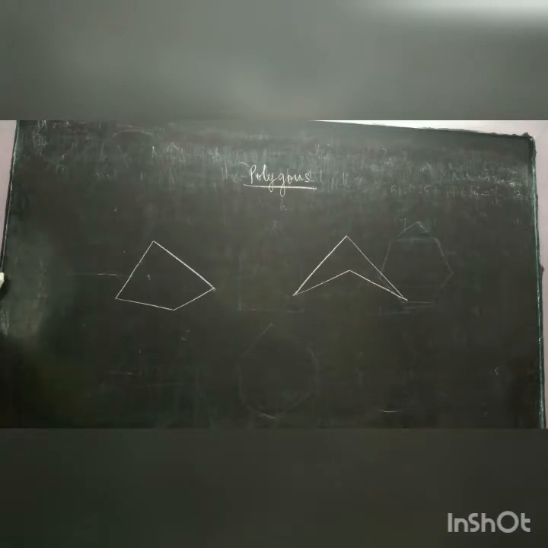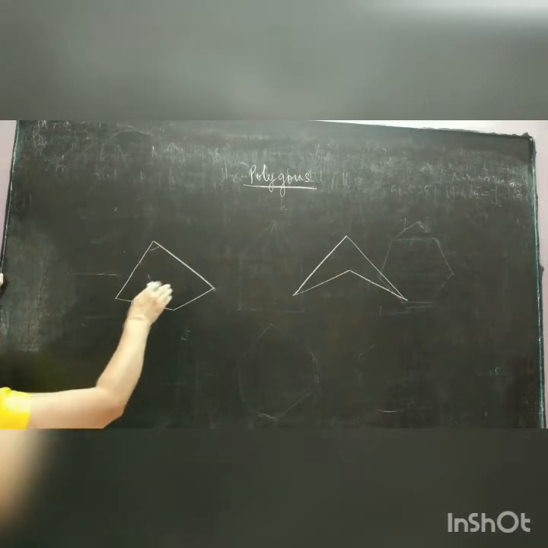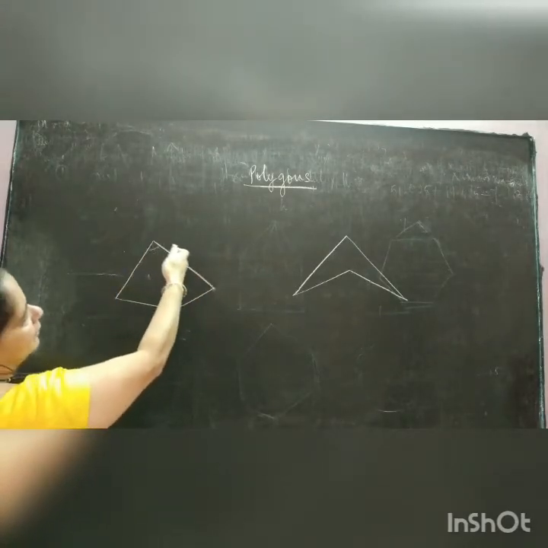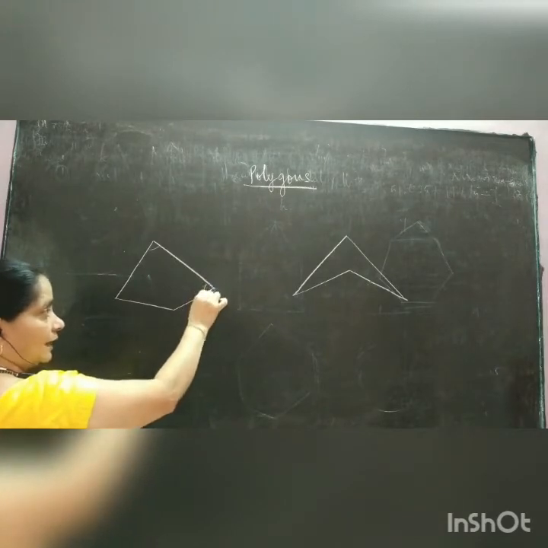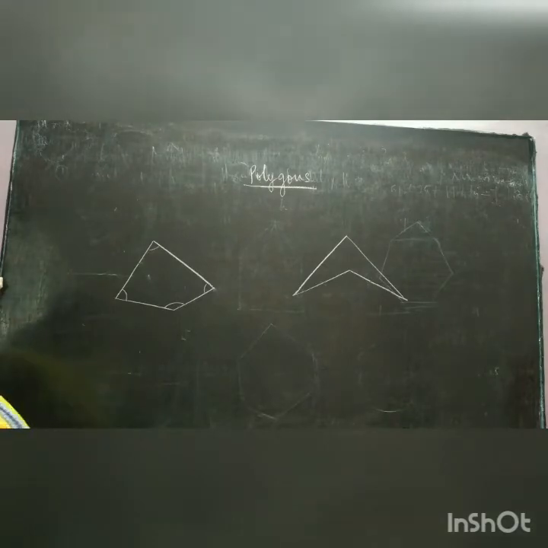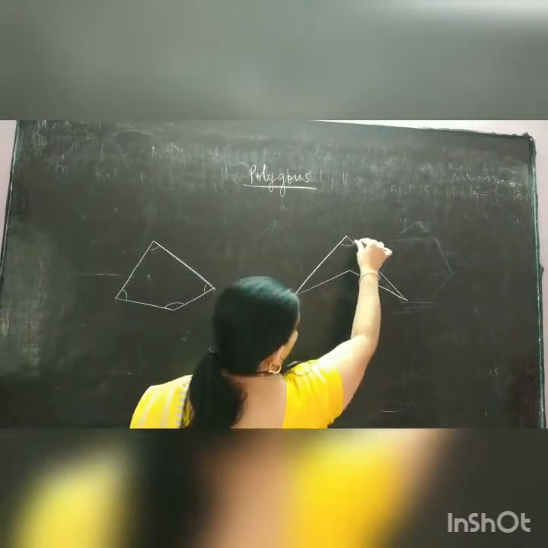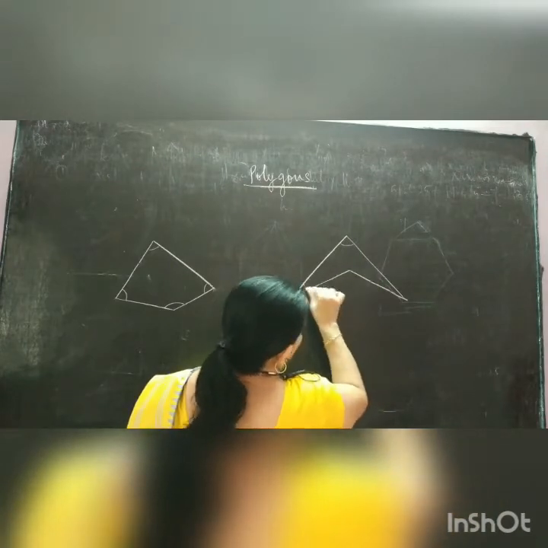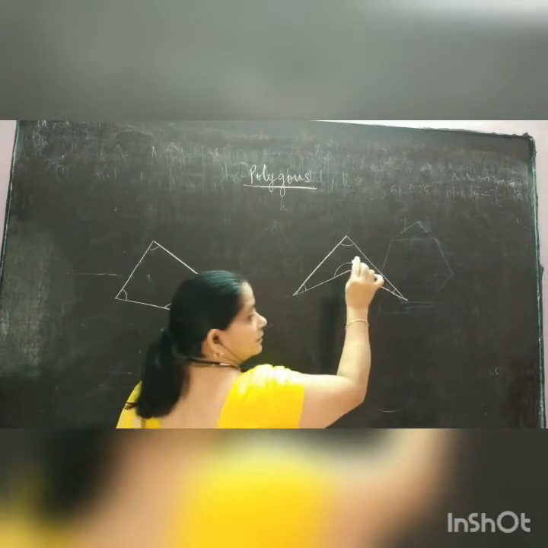See here, you can see this angle. It may measure about 85 degrees. Here it is an acute angle, obtuse angle, again acute angle. Look at this diagram. This is acute angle, acute angle, acute angle, and what about this?